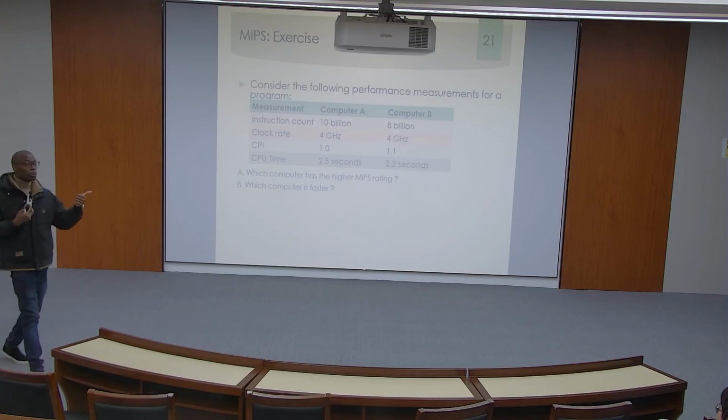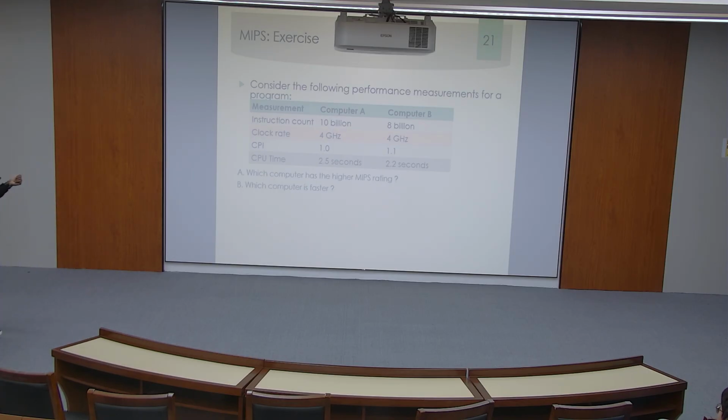Yes, very good. Even though computer A has higher million instructions per second, it doesn't mean that it is really fast. Computer B has a CPU time of 2.2 seconds, and computer A has 2.5 seconds.